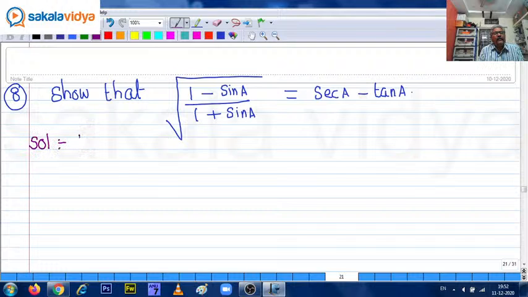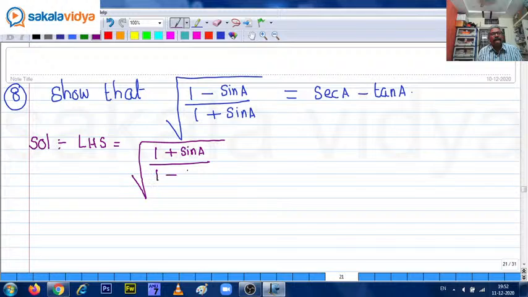Solution, left hand side, root over 1 plus sin A upon 1 minus sin A. You practice these questions, right?